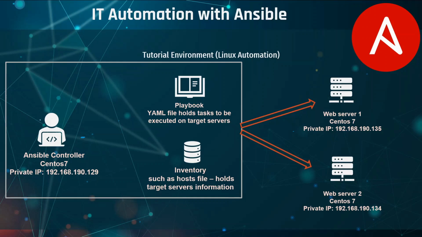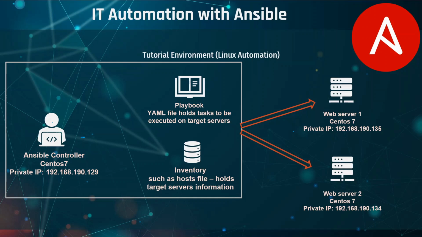So here is my Ansible controller. I'm going to install Ansible here, then create my playbook on this CentOS machine, and then run some Ansible commands. We're going to test our connection via SSH by controlling these web servers. And this is where the use of Ansible in IT automation comes in.